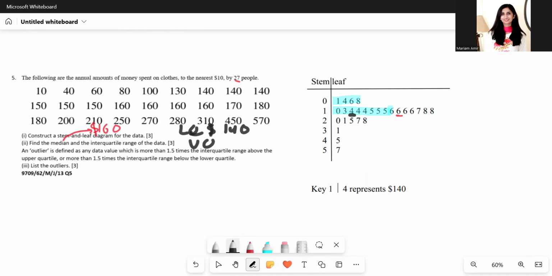Similarly, for upper quartile, you could further move another 7 positions from here or even from the end. So 1, 2, 3, 4, 5, 6, 7, that's this number. Even if you come in reverse, you get the same value.